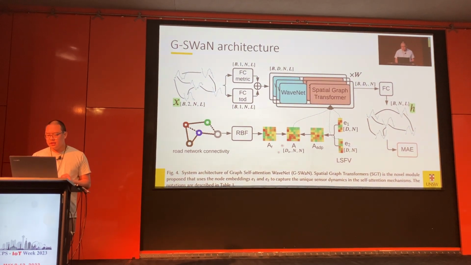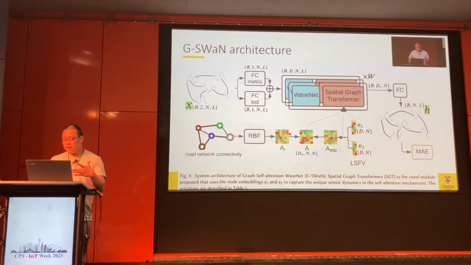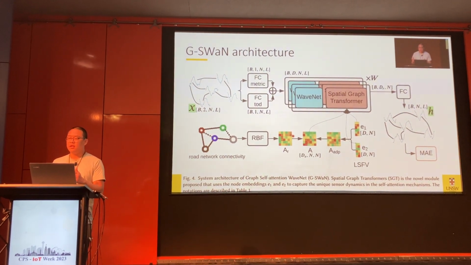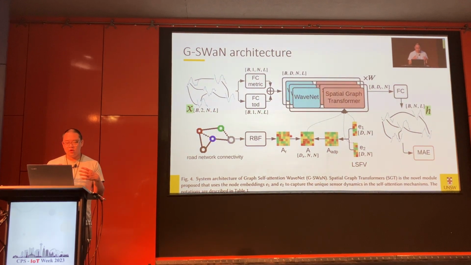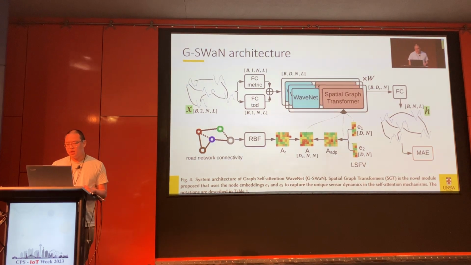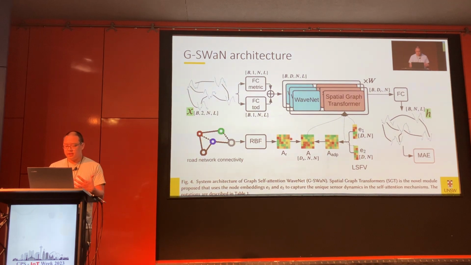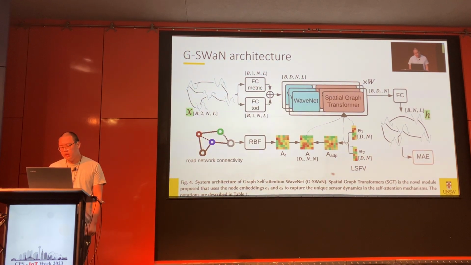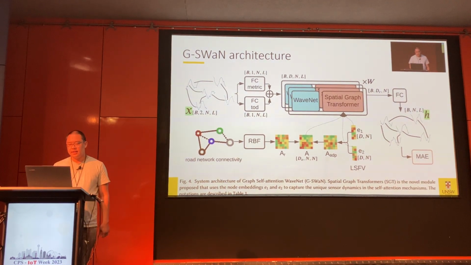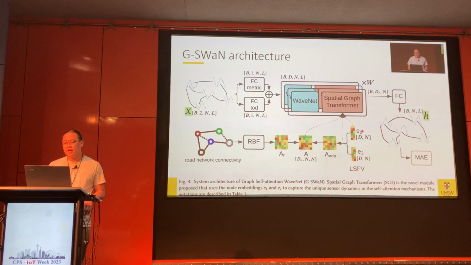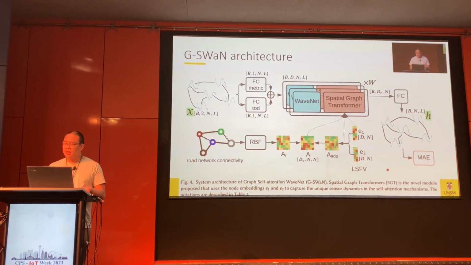But it is actually not good enough because the geometry in the data might be different from the actual physical geometry. So in order to discover the hidden geometry that we need in the data that is not in the physical road network, we use this adaptive adjacency matrix, and this is done by getting two randomly initialized matrices.